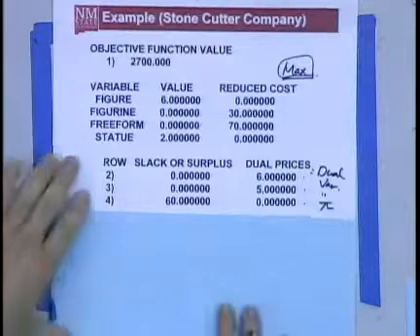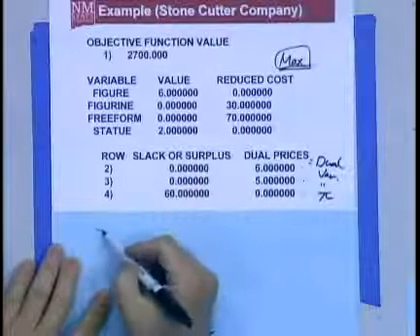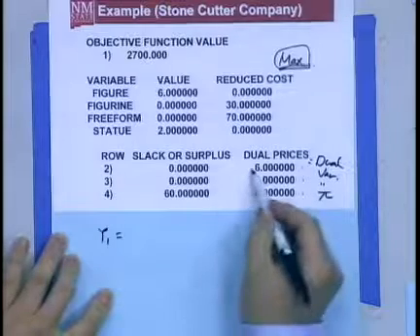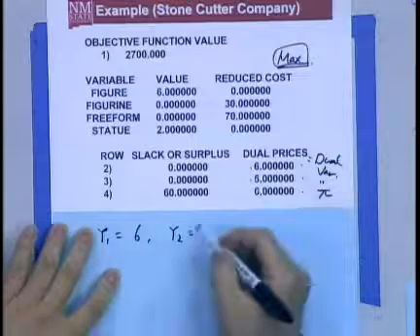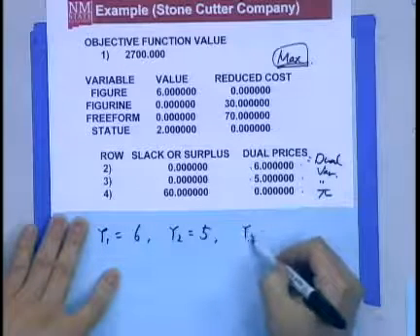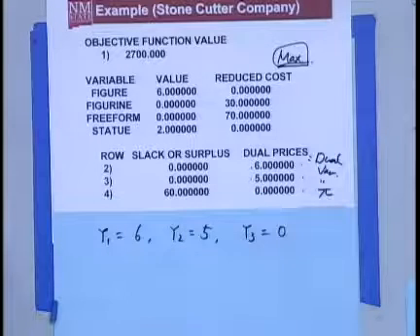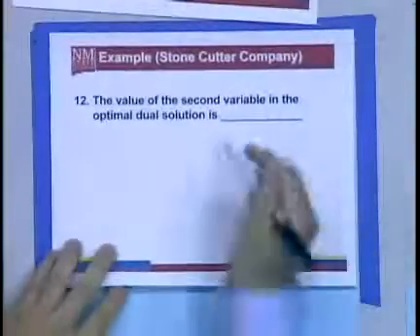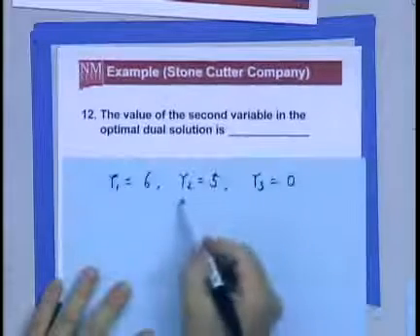That means the first dual variable has a value of 6, the second dual variable equals 5, and the third dual variable is 0. Okay? Does that make sense? So for number 12, the value of the second variable in the optimal dual solution is 5. Okay?